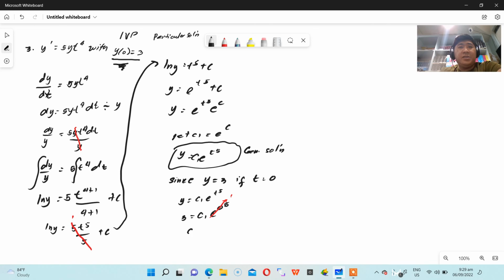Therefore, your c sub 1 is equivalent to 3. Then, to get the particular solution, you just substitute the value of c sub 1 to your general solution. So you have y equals 3 e raised to the power of t raised to the power of 5. So this is your solution that is needed.